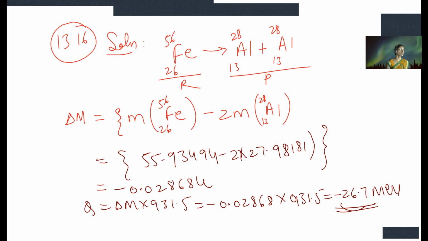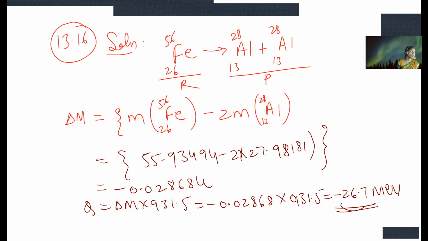So what we did is, one reaction they have given, it is going to produce 2 aluminum nuclei, and mass defect is calculated by using the formula delta M is equal to mass of iron, we substituted that, 55.93494 minus 2 aluminum nuclei, 2 into mass of aluminum we substituted, and mass defect we got minus 0.02868 atomic mass unit.